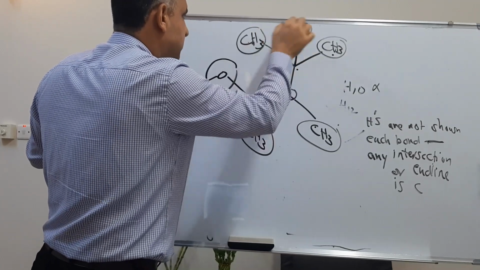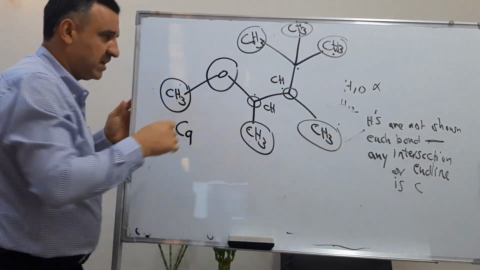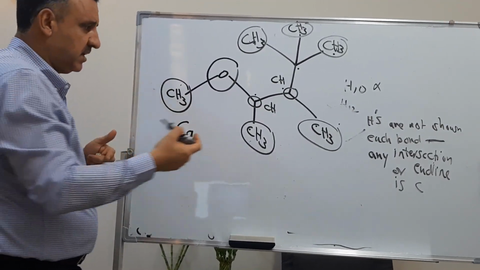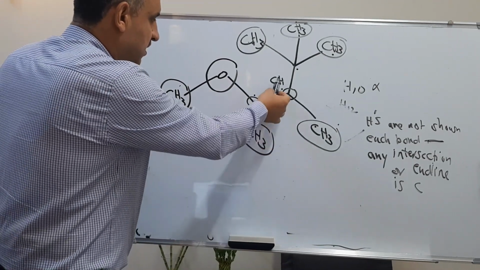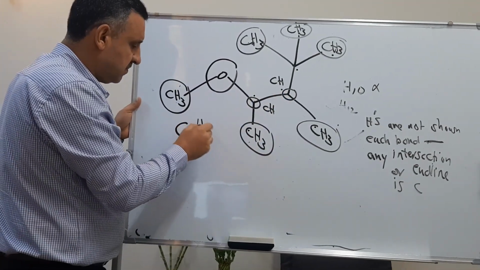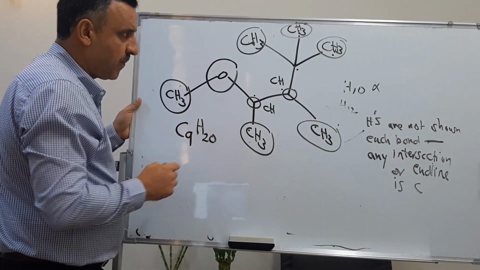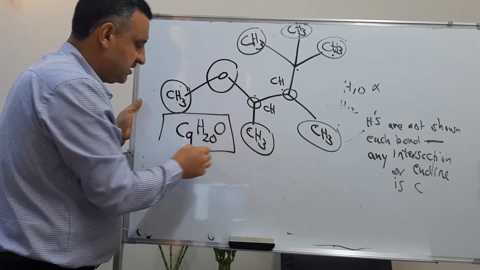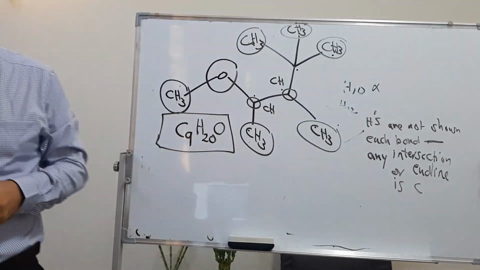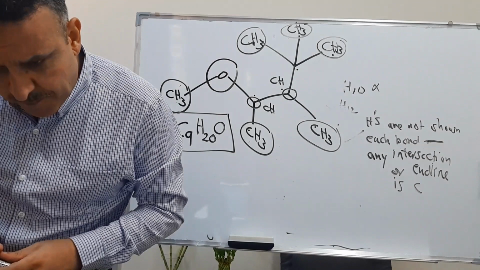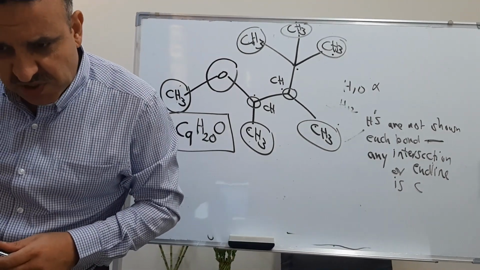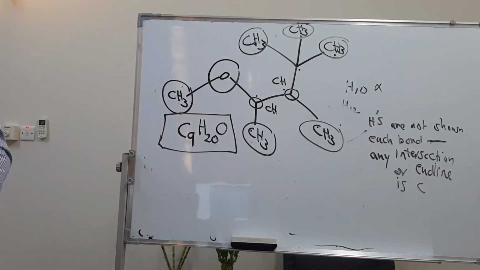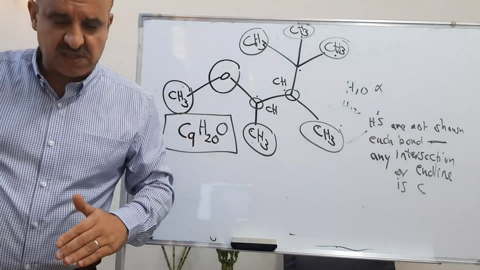So how many CH3s? 1, 2, 3, 4, 5, 6. 6 times 3, that means we have 18, and then 20. So H20, and then oxygen. So this is the correct molecular formula, yes, C9H20O. Exactly, perfect. That's exactly the molecular formula of this bond line representation.